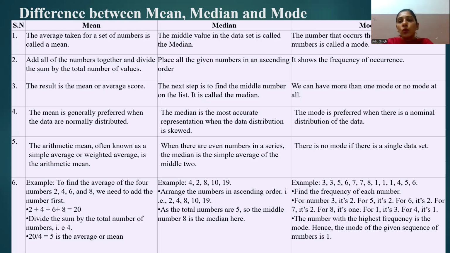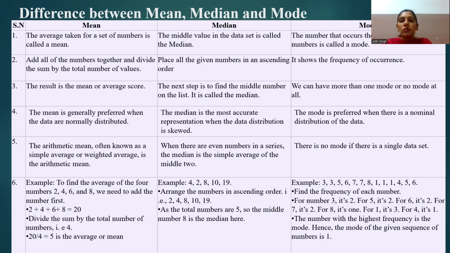Now mode. Mode shows the frequency of occurrence. The number which occurs more frequently in a given data series is the mode. If a series of 10 numbers is given and a particular number, 3, occurs 3 times in the series, then 3 will be the mode of the given series.